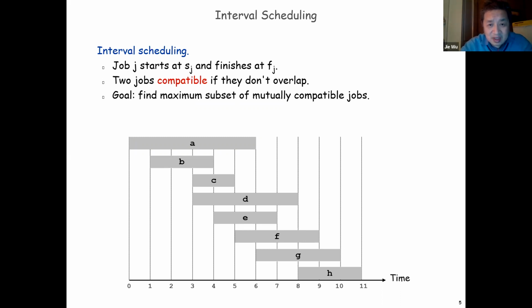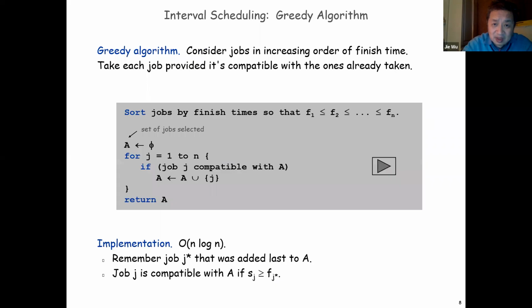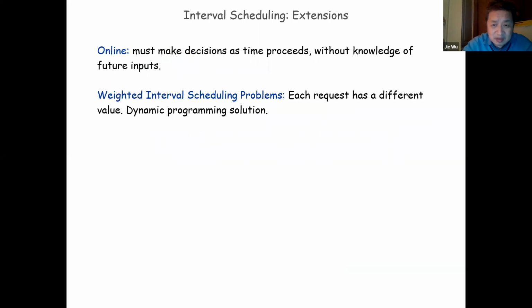Now your objective is not to maximize the number of jobs. You want to maximize the total weight of those jobs. How can you solve that? Again, you think, oh, maybe we can select the one with the maximum weight, but it's not guaranteed optimal. It turns out this problem can be solved, but you have to use a different strategy. So it will be covered in a future class called dynamic programming solutions. So it's more complex, okay?